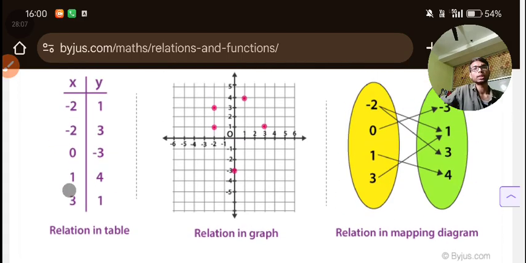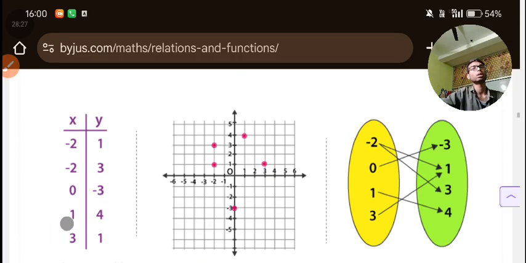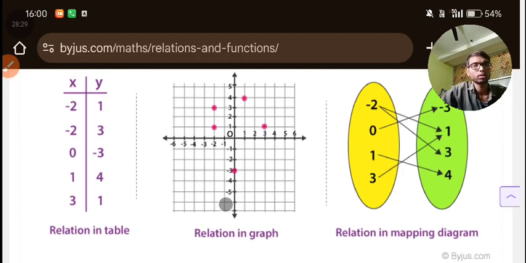Here is how we can represent a relation of set A and set B in a table. This side is x, the domain, this side is the range, and together it is a relation. Same here, this is a relation in a graph.